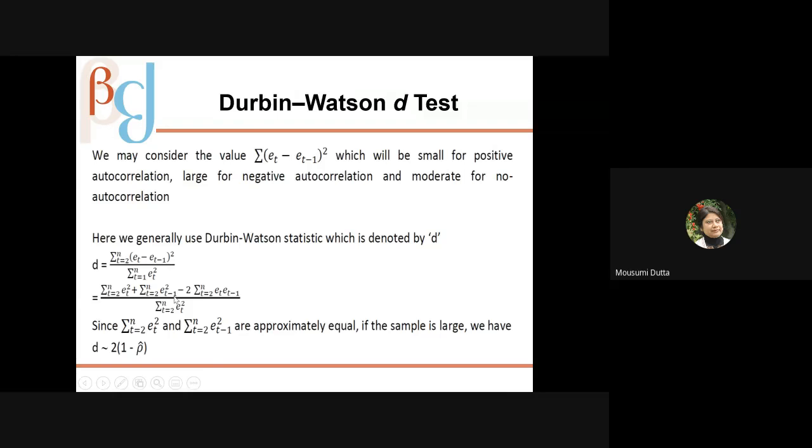On the basis of rho hat, we will not be able to detect whether there is autocorrelation or not. However, if I consider 2 into 1 minus rho hat, I'll be able to detect whether there is autocorrelation or not. This 2 into 1 minus rho hat is called the Durbin-Watson D statistic. The D statistic is given by 2 into 1 minus rho hat.